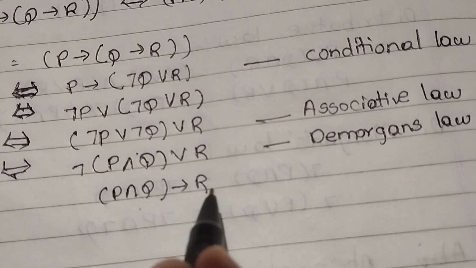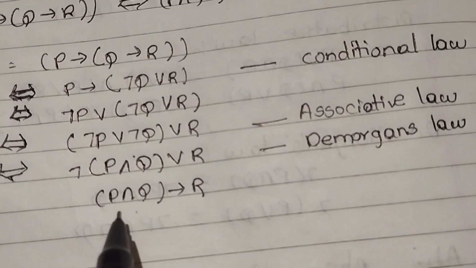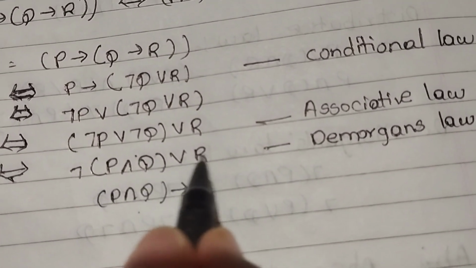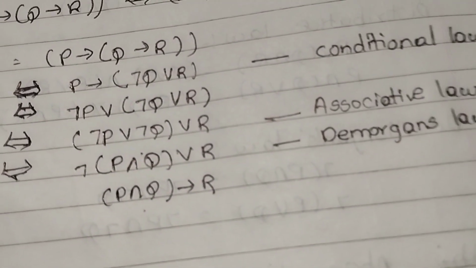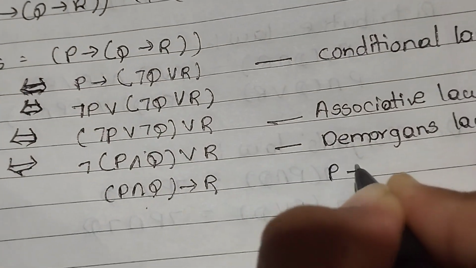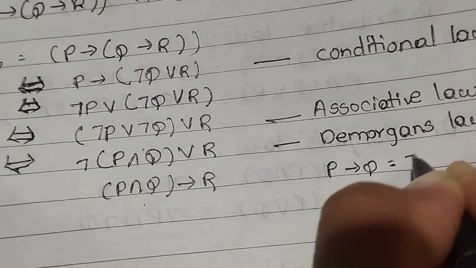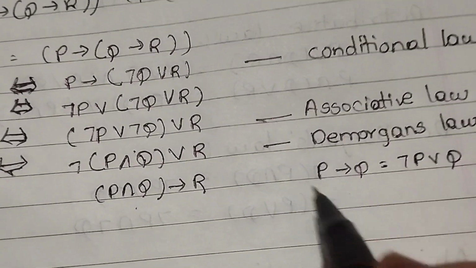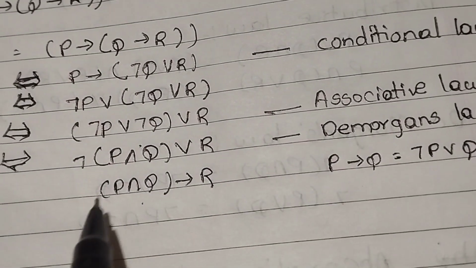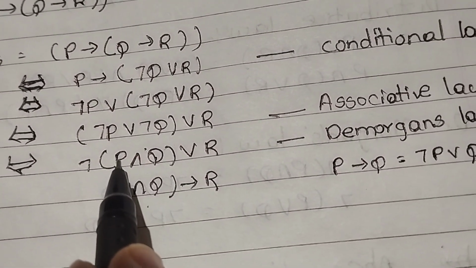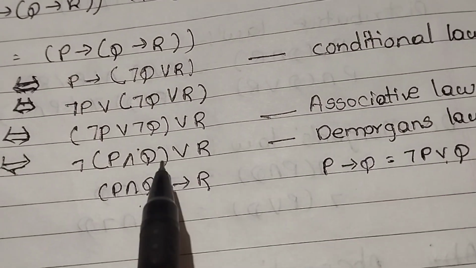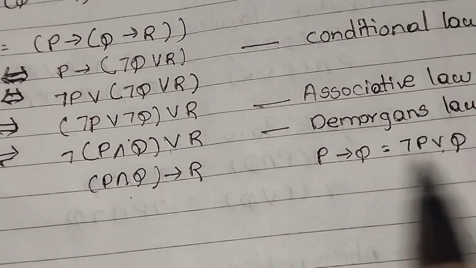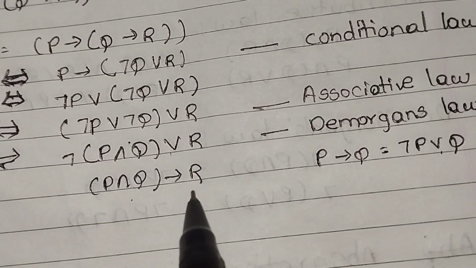Suppose this is P conditional with Q, then negation P or Q, because we know P conditional Q is equal to negation P or Q, means negation of the first variable, OR, and the second variable as it is.